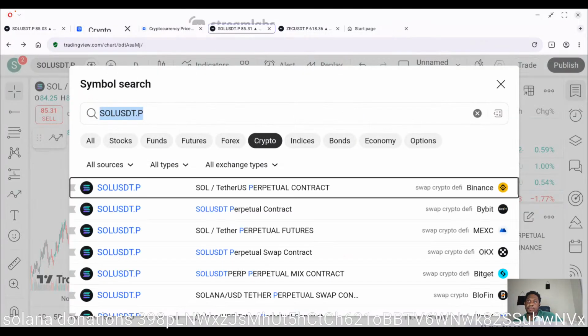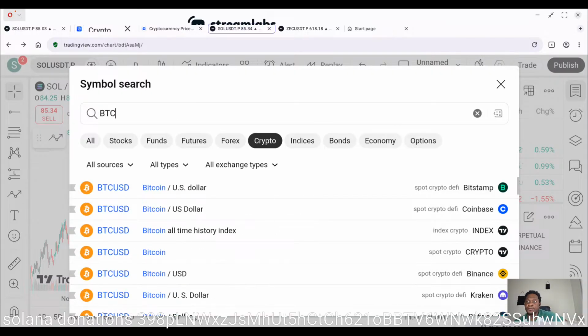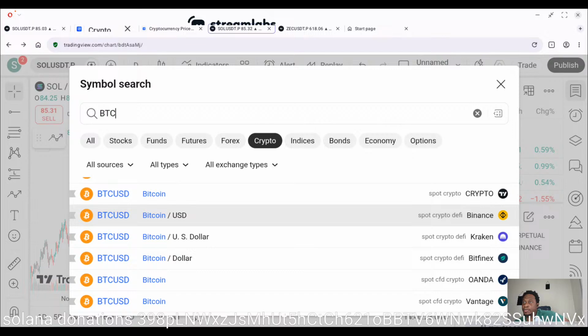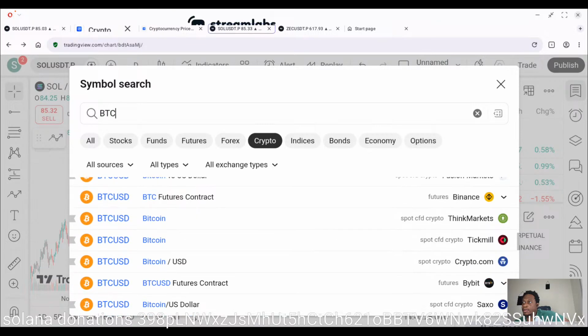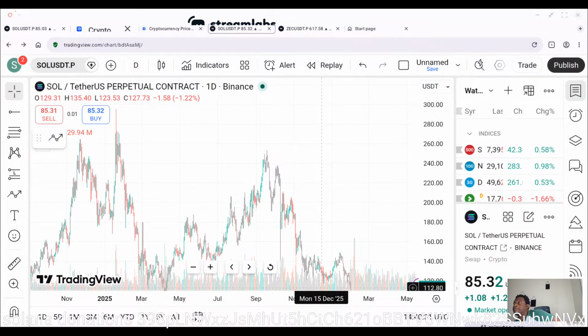Let's look at the granddaddy of them all, BTC. Matter of fact, let's have a look at it with Brave.